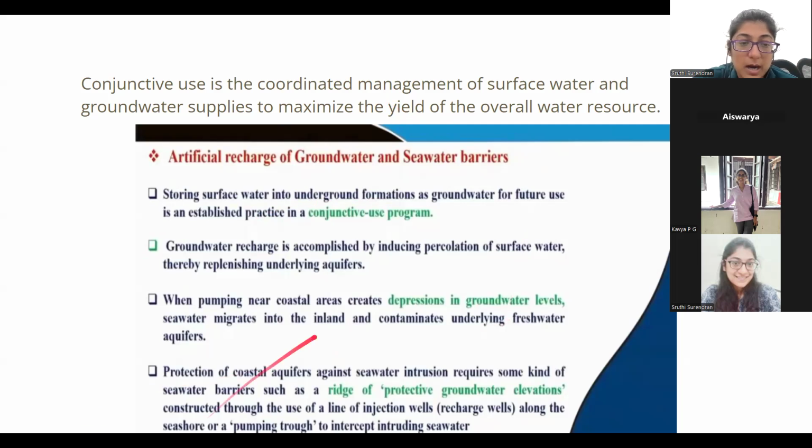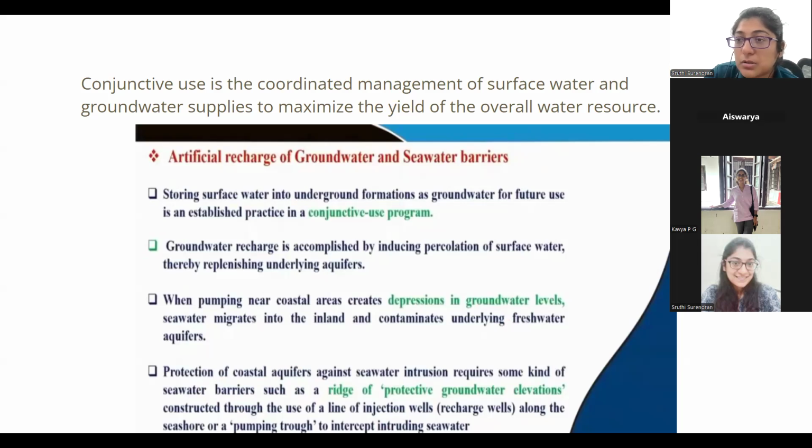Now, another artificial method is the making of seawater barriers. Seawater barriers are made in order to protect coastal aquifers, which might get contaminated because of excessive salt as a result of seawater intrusion. The persisting problem of seawater rising will result in this seawater diffusing into the groundwater, and the groundwater will become salty.